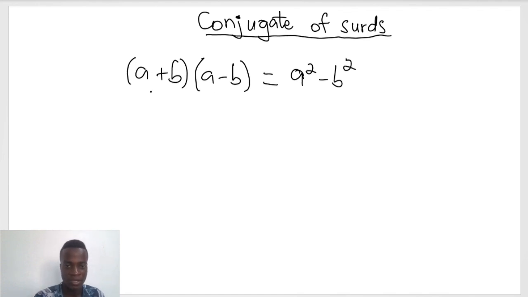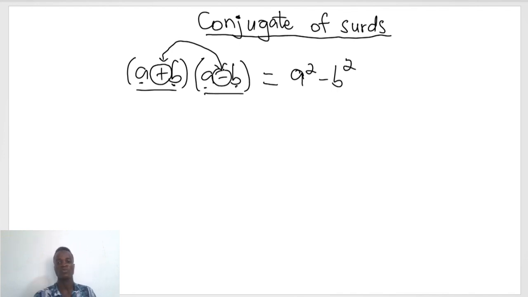This is the difference of two squares. If you have a plus b and in the second bracket a minus b, just the minus and the plus are switching, keeping the same positions: a is beginning, b is ending. If you have a pattern like that, multiplying one bracket by another like this, then you simply do a squared minus b squared to simplify the process.